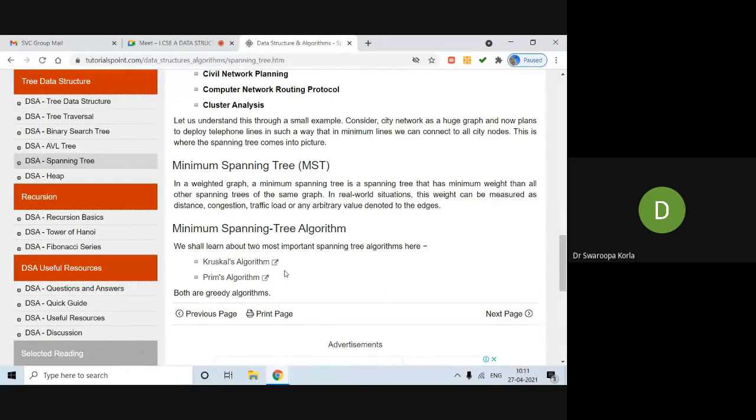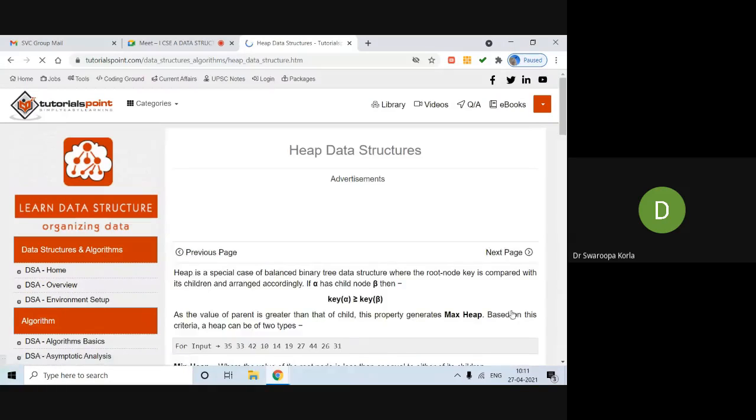Okay, say MST algorithms we have a lot, but importantly and most frequently we are using two algorithms, the two important spanning tree algorithms. First one is Kruskal's and the second one is Prim's algorithm.